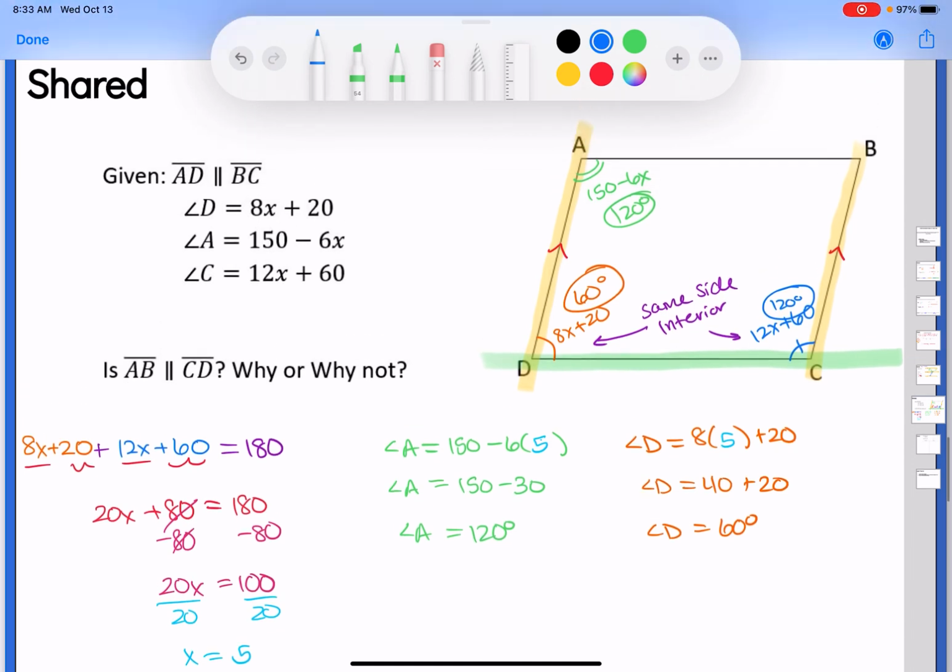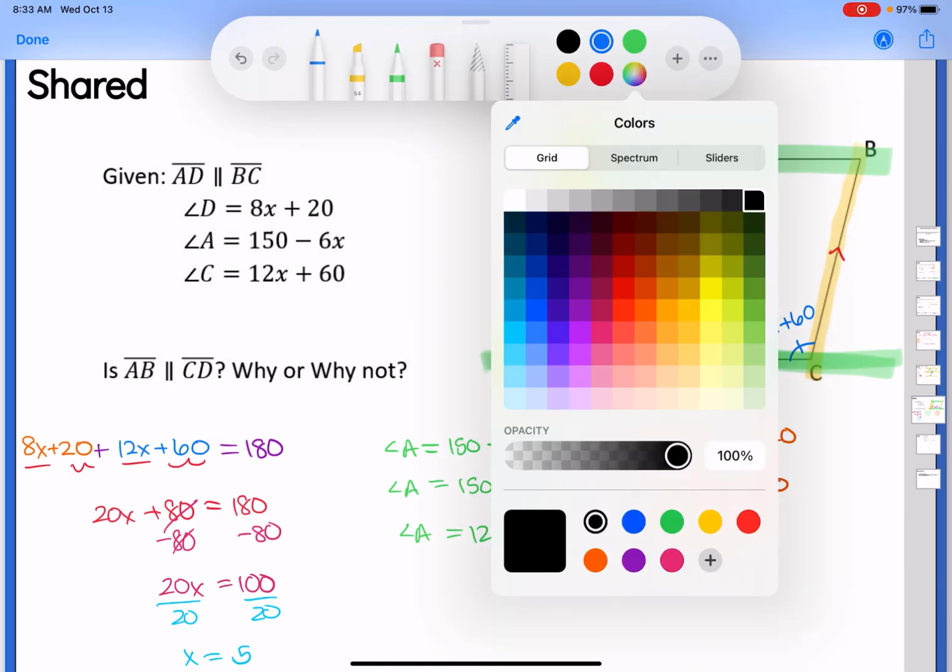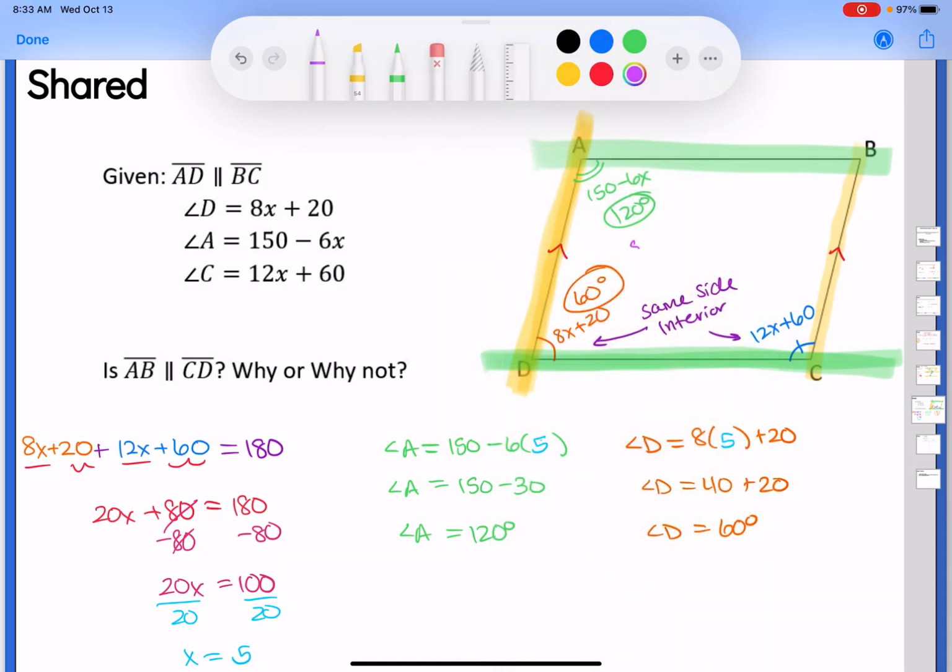But now that I know 60 and 120, angle A and angle D, if I highlight AB and DC, and then this becomes my transversal over here, that makes these guys same side interior, right?